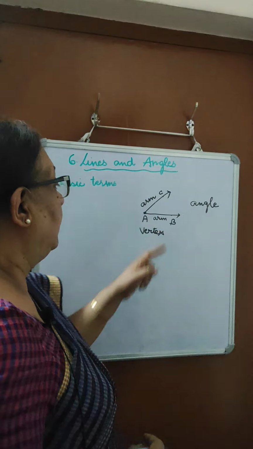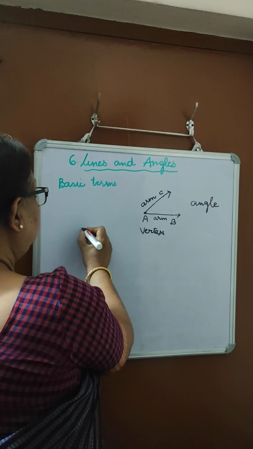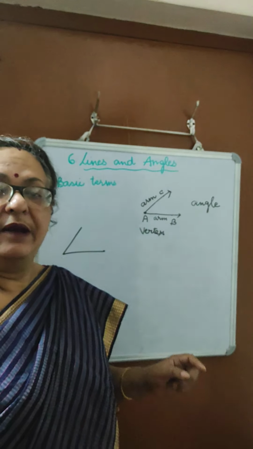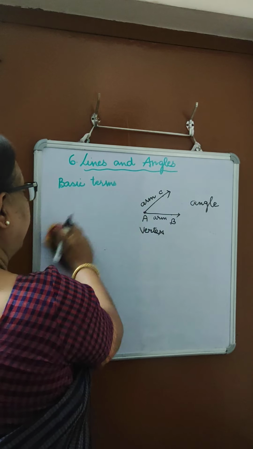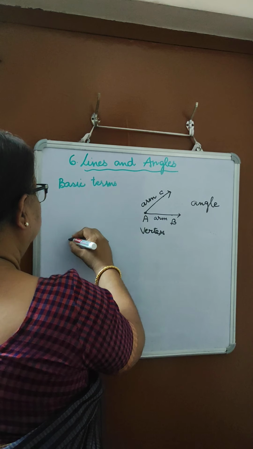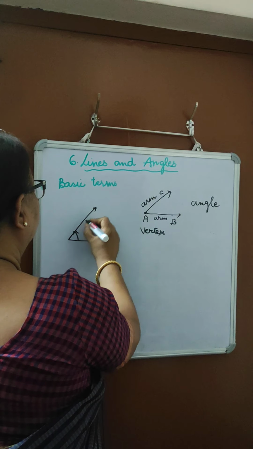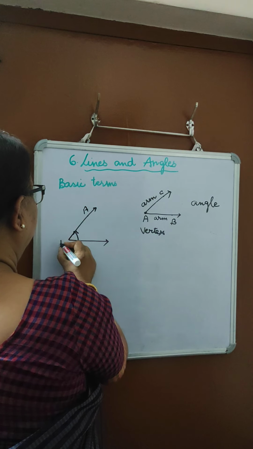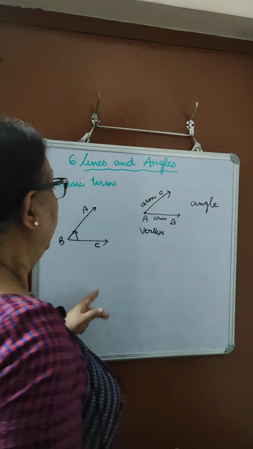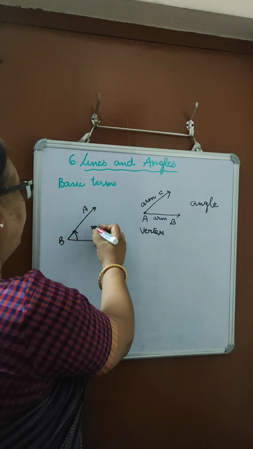Now if you measure this angle, for any angle you have a protractor, you can measure an angle. Now suppose I have this angle A, B, C. If you measure it, you will find that its measure is somewhere around 60.